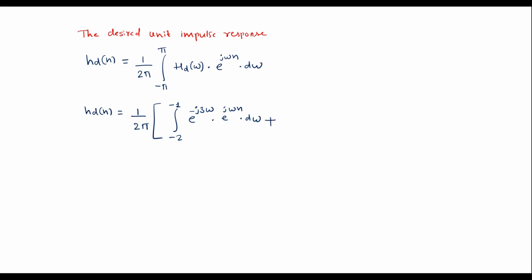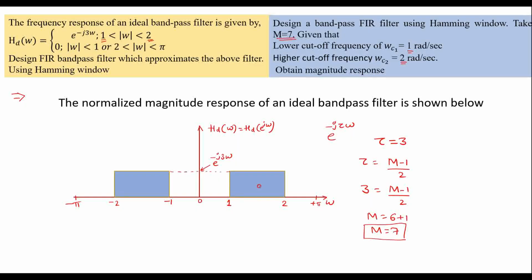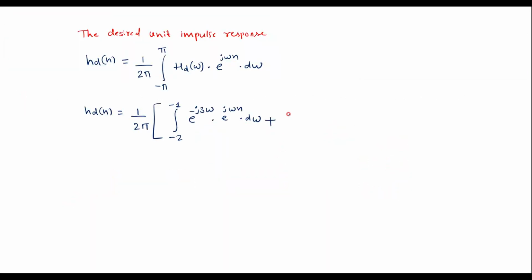Similarly, I will consider this band, which exists from plus 1 to plus 2. So I'll take one more integration for plus 1 to plus 2, where HD of omega is the same, e power minus j3 omega into e power j omega n into d omega.